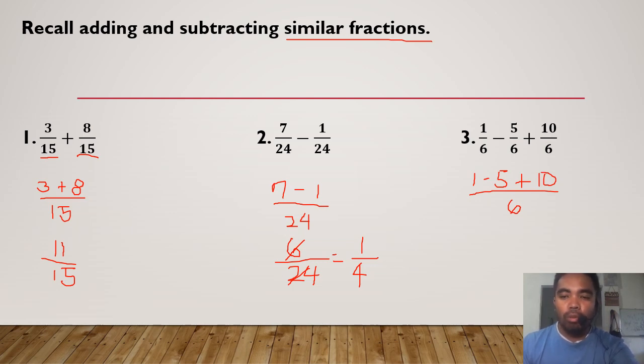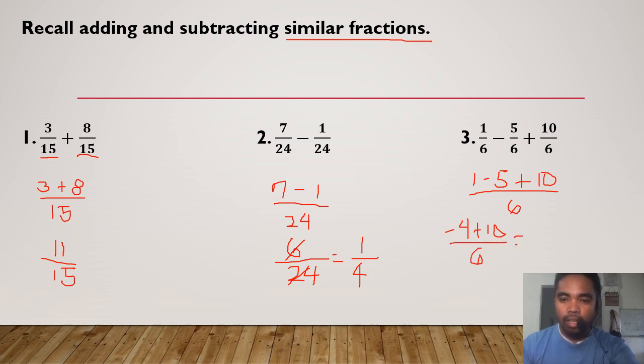We go from left to right, so first we take the difference. 1 minus 5 is negative 4, plus 10, over 6.